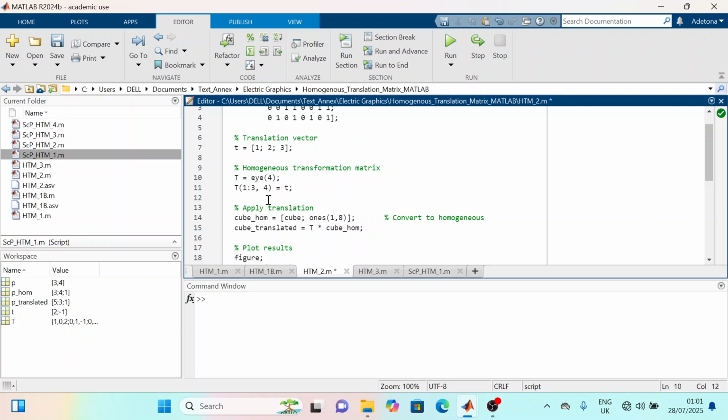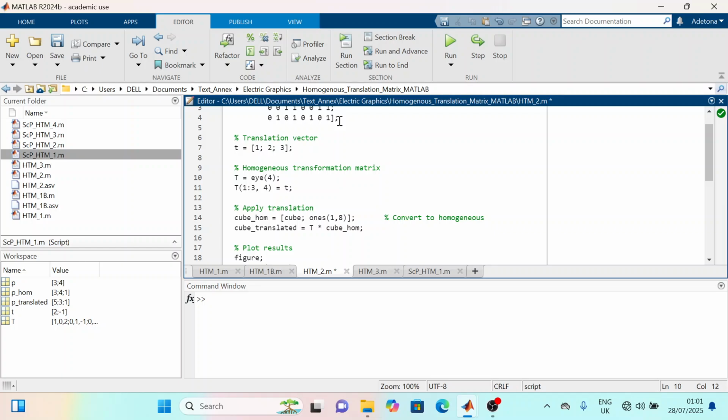And the essence of the transformation matrix, in order to translate from one point to another, is just to carry out matrix multiplication together with the object. The homogeneous translation matrix that we have here is a 4 by 4 matrix, whereas the cube has a 3 by 8 matrix.